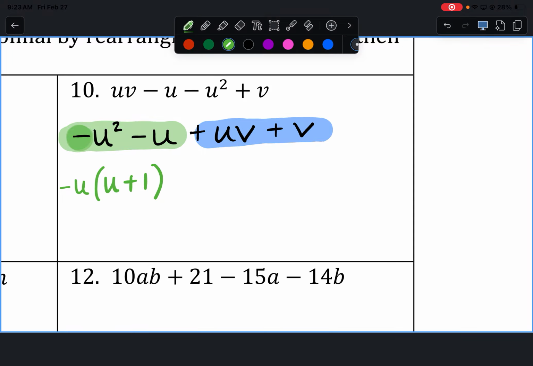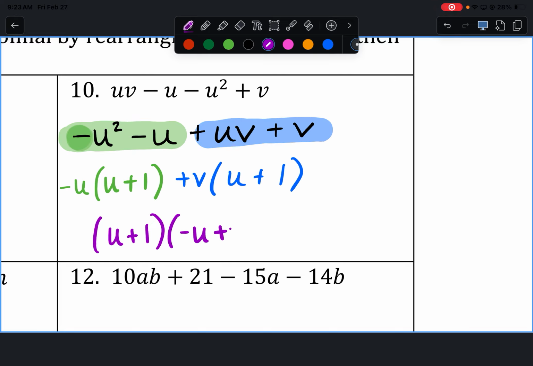Then we're going to look at the second half of this. What is the GCF of uv plus v? V. And when we take out a v, what does that leave us with? U plus 1. And so what part is the same in both? U plus 1. And what part's left over? Negative u plus v. So that is our answer.